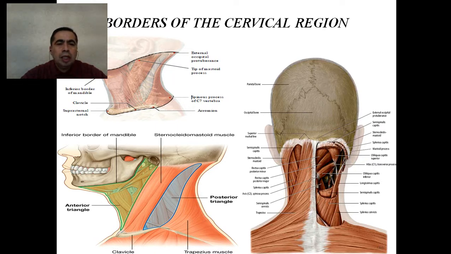Also, the cervical part of the spinal cord is located in the vertebral canal, which corresponds to this area.